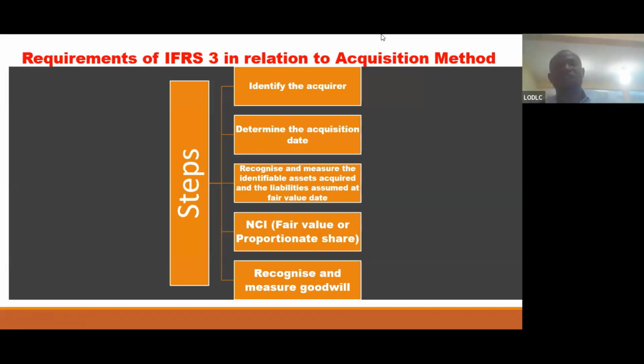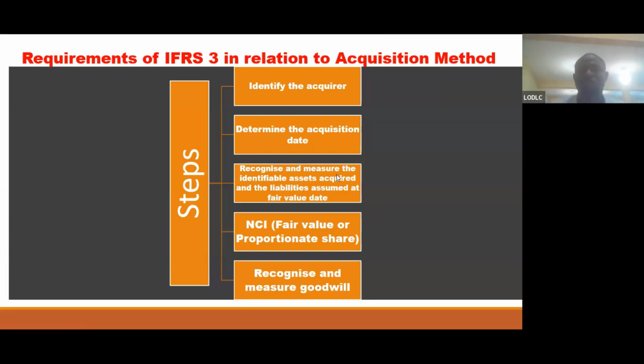Then you determine the acquisition date, because the date of acquisition is very, very important. Once you have determined the date of acquisition, you'll be able to know what happens before acquisition.